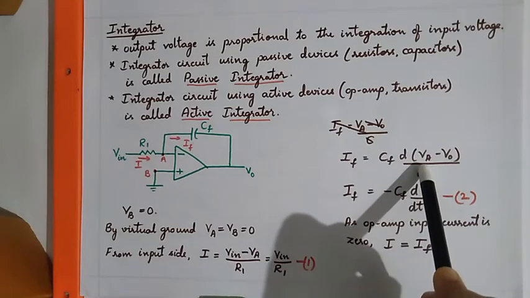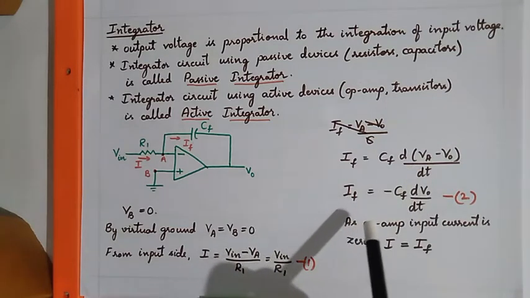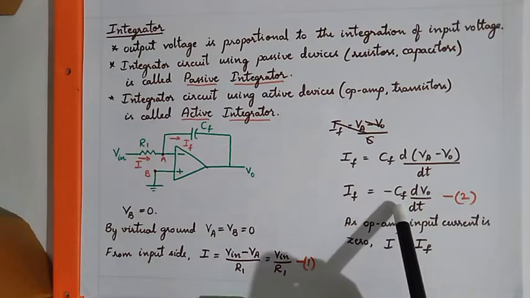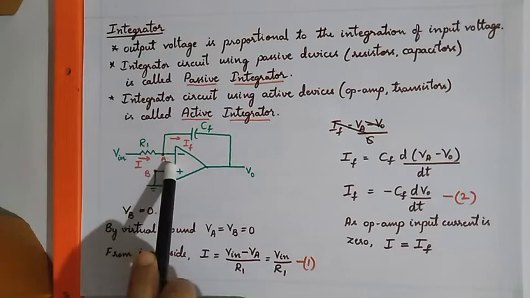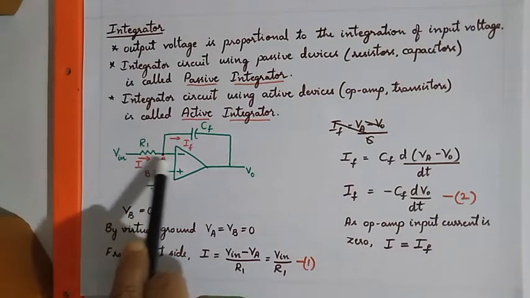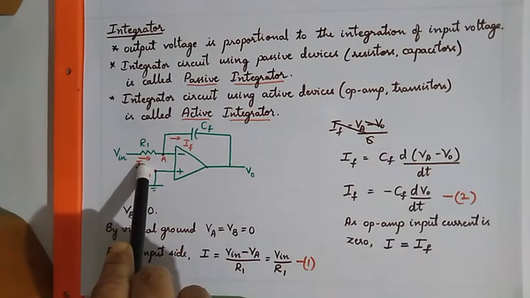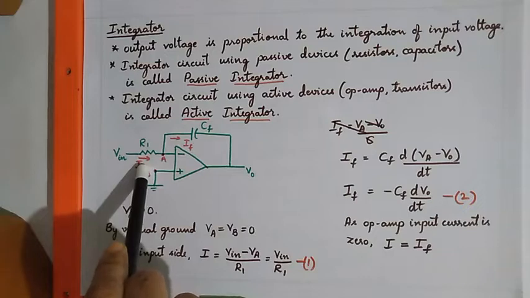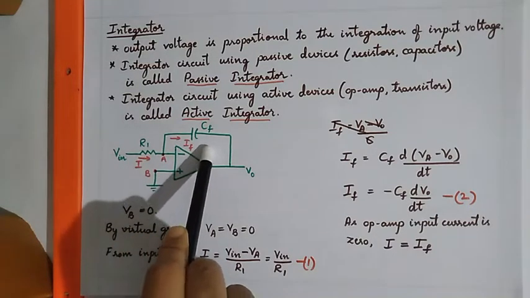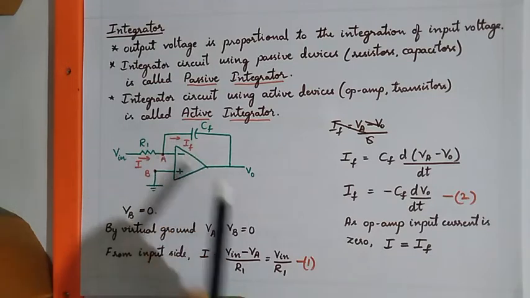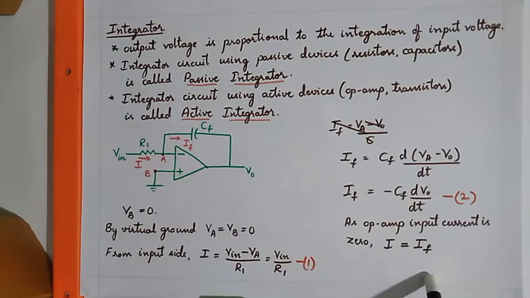Since VA equal to 0, this reduces to minus CF dV0 by dt. As the current into the Opamp is 0, the current which was flowing through R1 flows through the feedback capacitor as well. Thus I equal to IF.